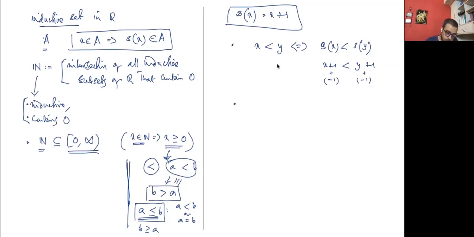The other observation which would be useful, which is again completely straightforward, is the following. You take s of x plus y, that is x plus y plus 1, which by commutativity is s of x plus y, which is also x plus s of y.